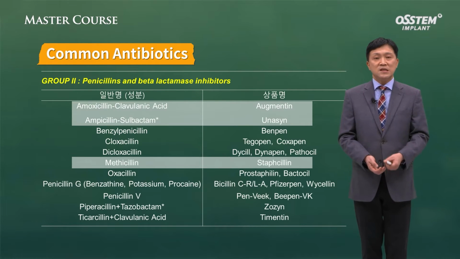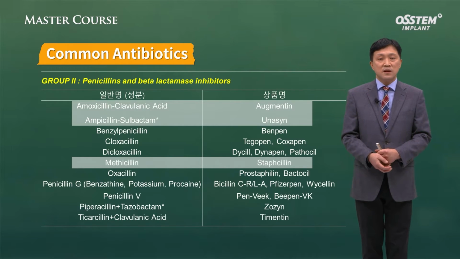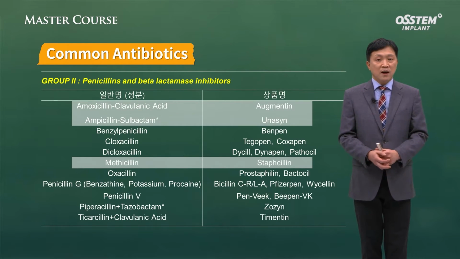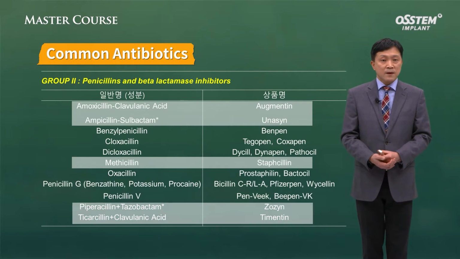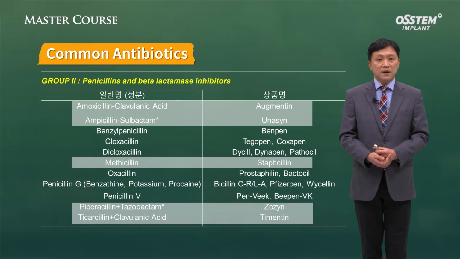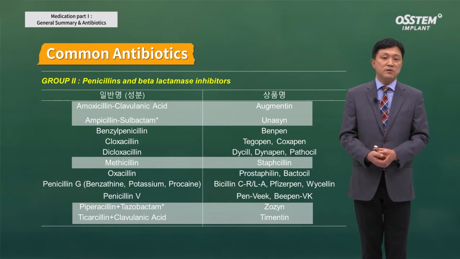Methicillin is important, though not used quite often, as in MRSA, methicillin-resistant Staphylococcus aureus, is the standard for antibiotic resistance. Piperacillin plus tazobactam, ticarcillin plus clavulanic acid. These are used but for severe infections.